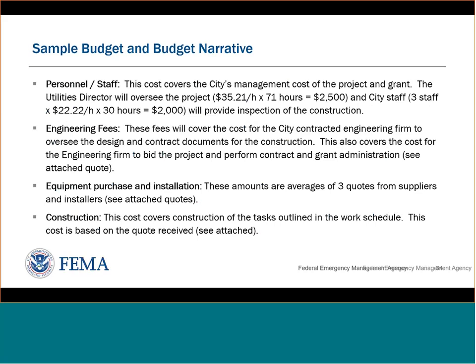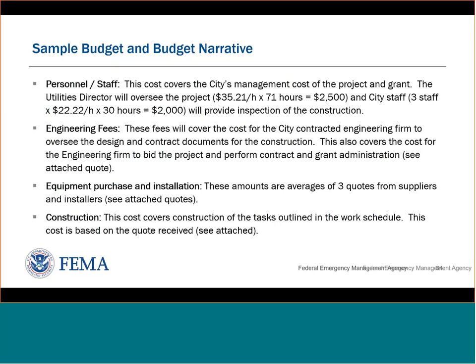Okay, here's an example here. This particular budget has 4 line items. There's one on personnel and staff, one for engineering fees, equipment purchase, and then construction. So for example, what we're looking for in terms of personnel and staff is identifying those people involved in the project, probably from the project management standpoint.